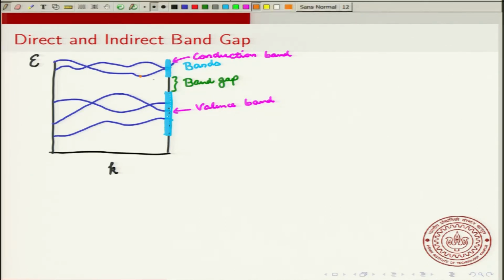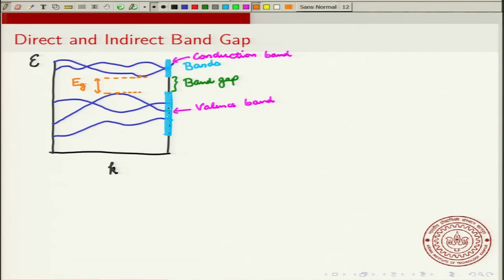It is referred to as the bottom of the conduction band, and this point is referred to as the top of the valence band. The energy of the band gap is the energy difference between this state and this state, and it is denoted by the symbol E g.